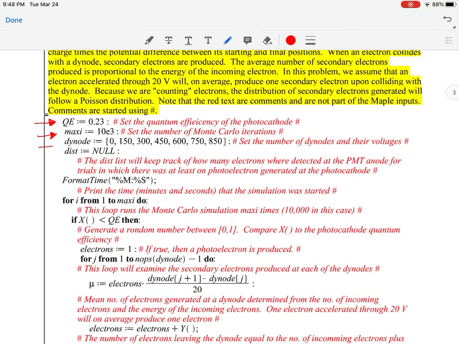And here is just a list of the dynode voltages. So the photocathode starts at 0 volts, dynode 1 is at 150, 2 is 300, 3 is 450, 4 is 600, 5 is 750. Those all incremented by 150. And then the last one, 6, increments just by 100, to 850. Okay.